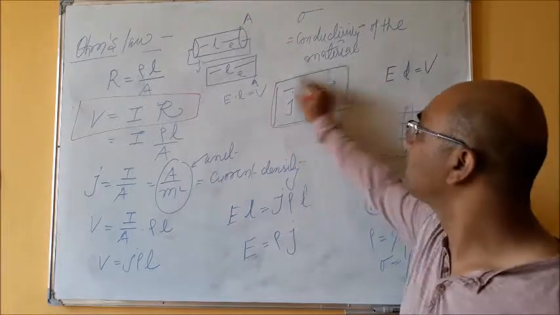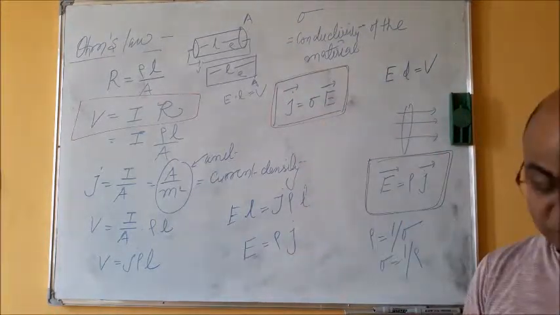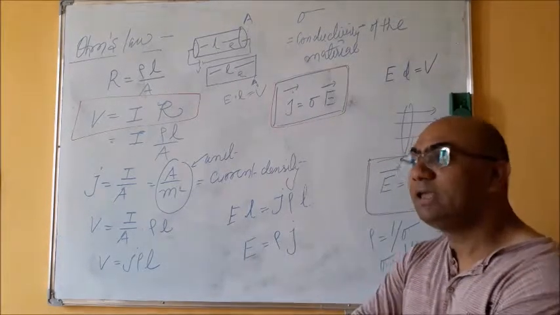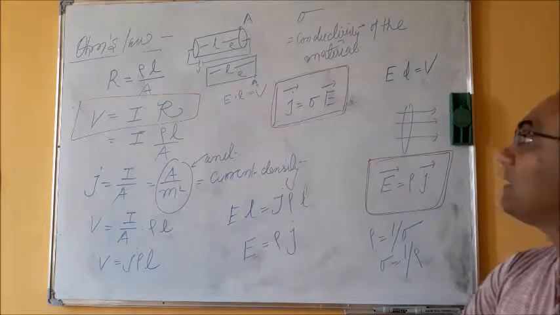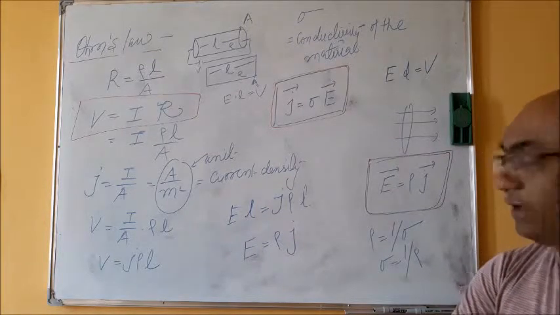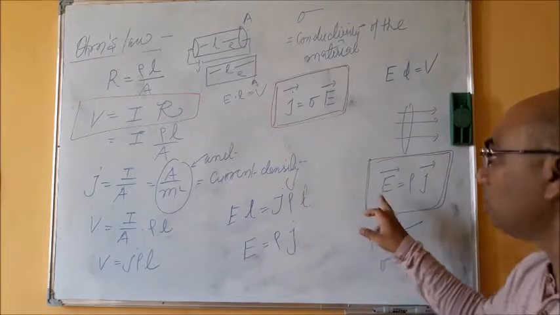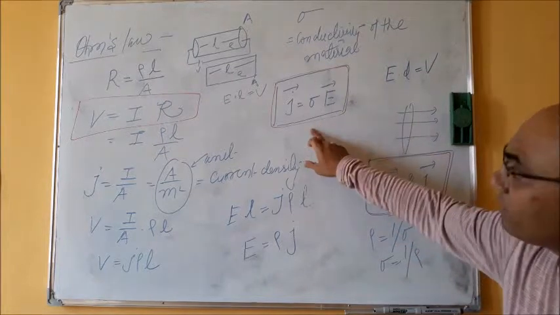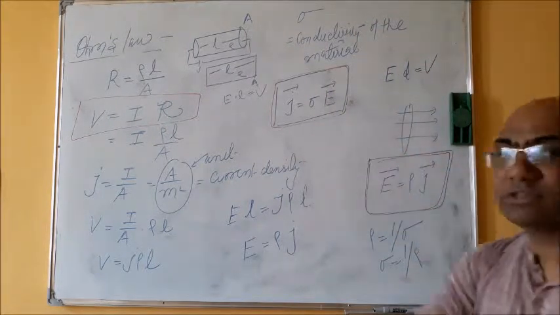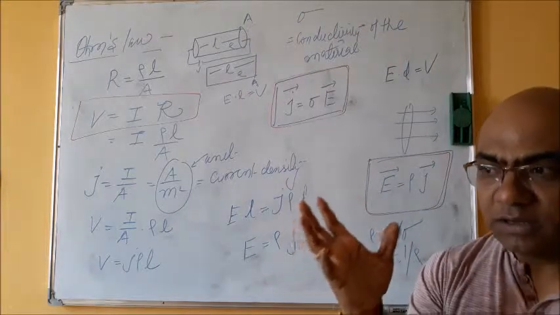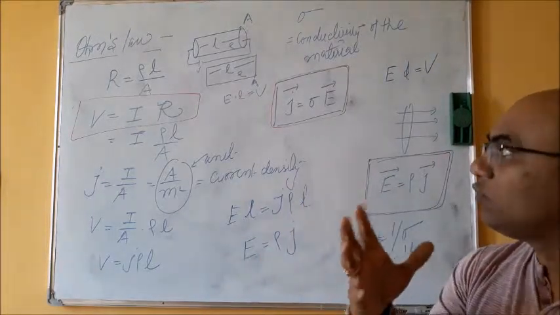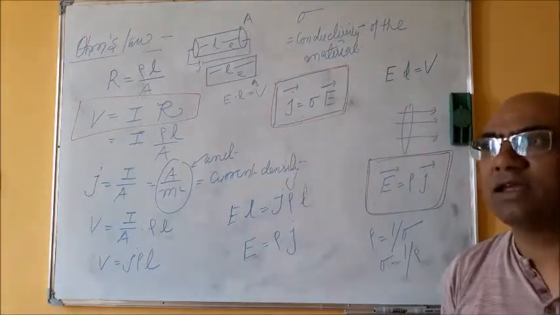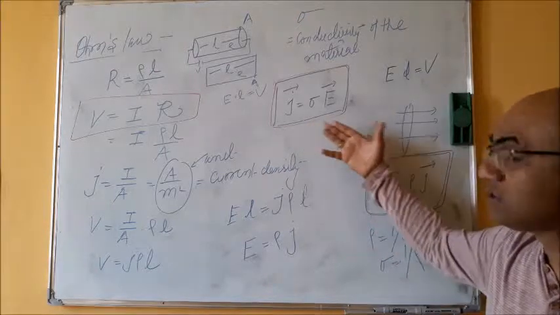This is also a very popular formula: J equals sigma E, where J is current density, E is the electric field intensity and sigma is the conductivity. Ohm's law can be represented either in this form or in the popular vector form J equals sigma E. If you refer to any standard book, you will get Ohm's law in one of these forms. This is something we are relating in the form of vectors.